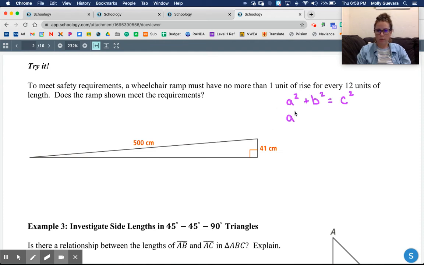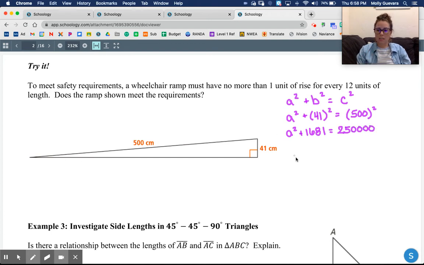So I'm going to call 41 B for no reason, just because I'm choosing to. Equals, and C is 500. Okay, so I have A squared. 41 squared is 1681. And 500 squared is 250,000.